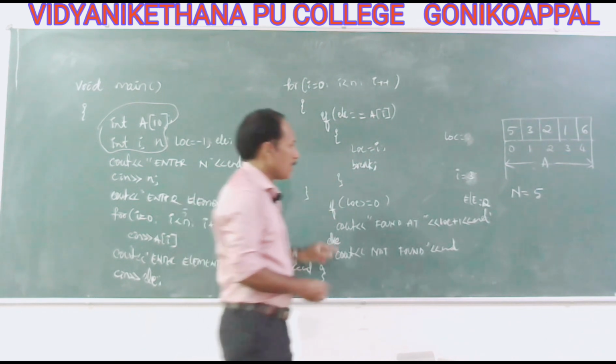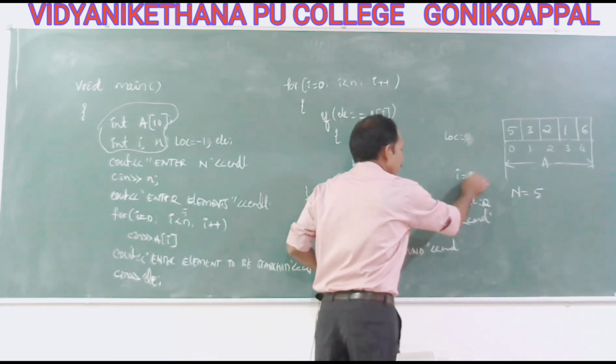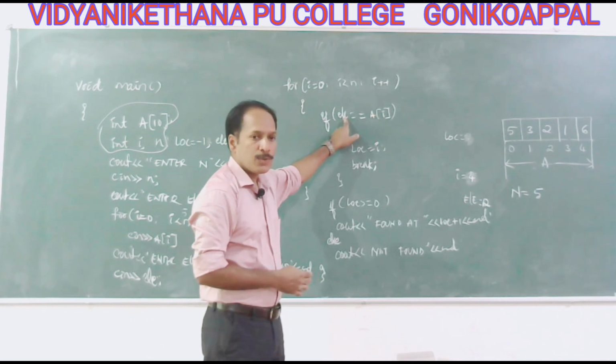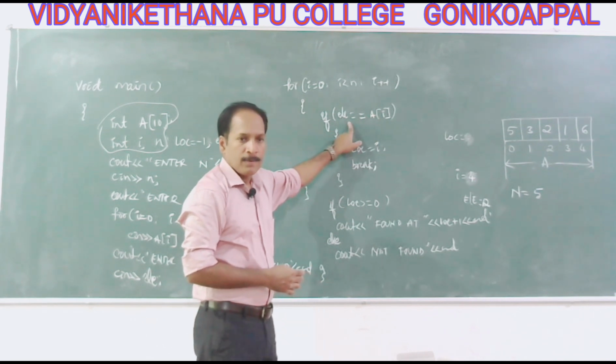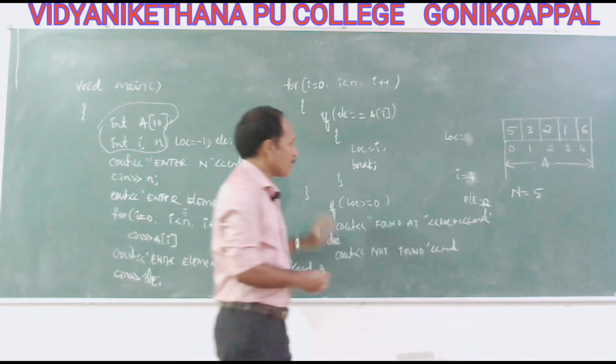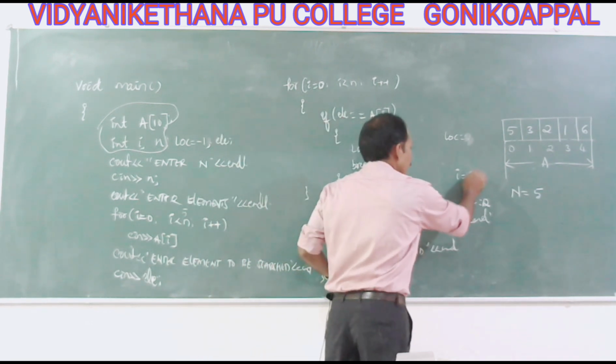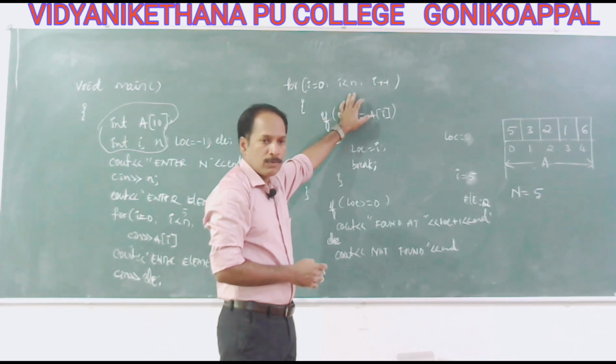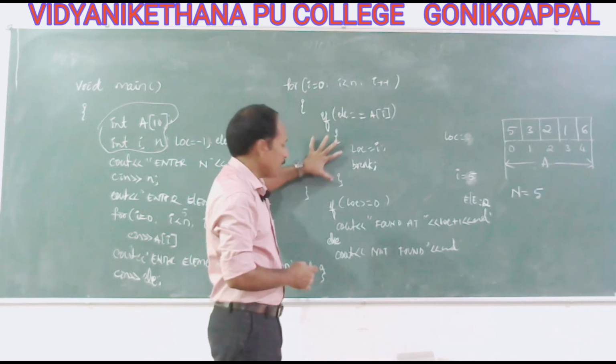Then I plus plus. I becomes 4. 4 is less than 5? Yes. Repeat. A of 4 is 6, and element you are looking for is 12. 12 and 6 are same? No, they are not same. I plus plus. I becomes 5. 5 is less than 5? No, stop. So now loop is terminated.